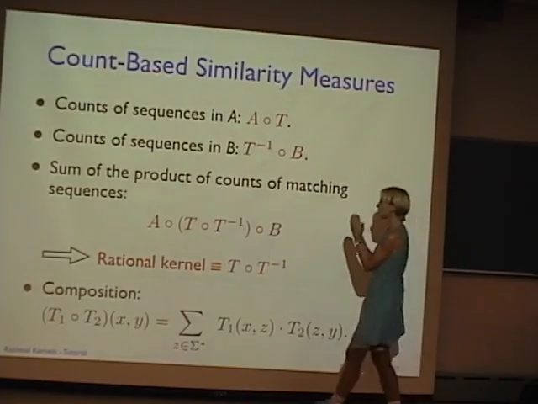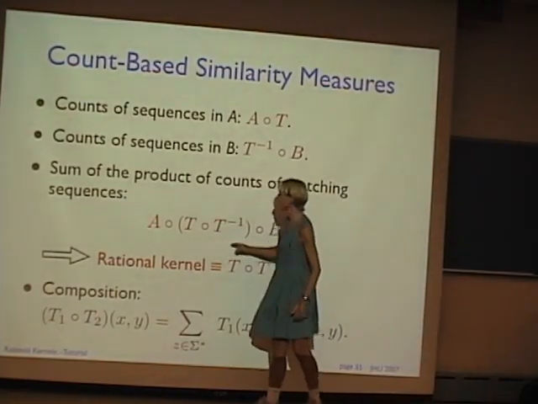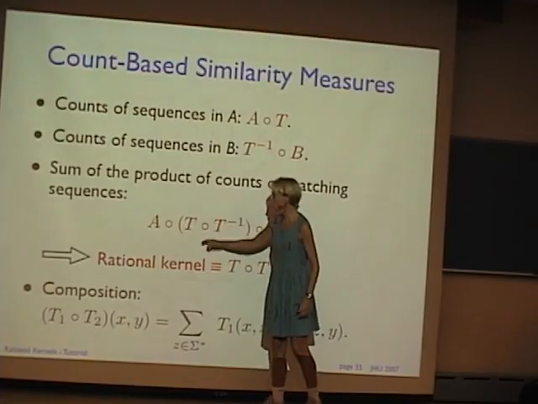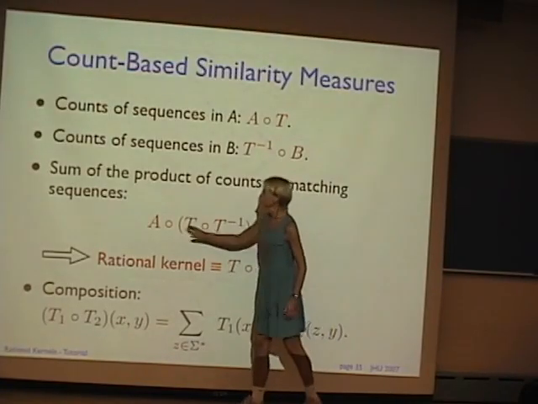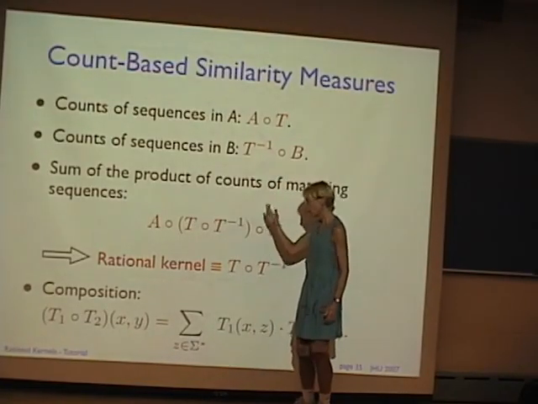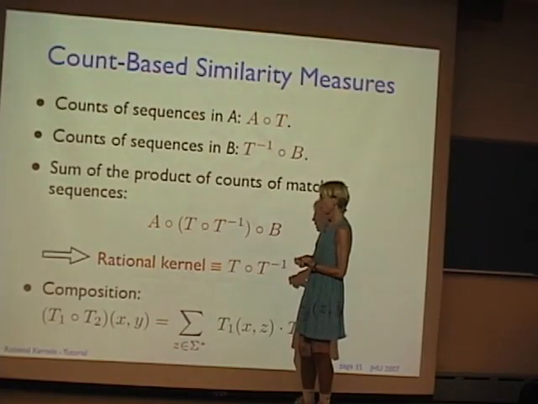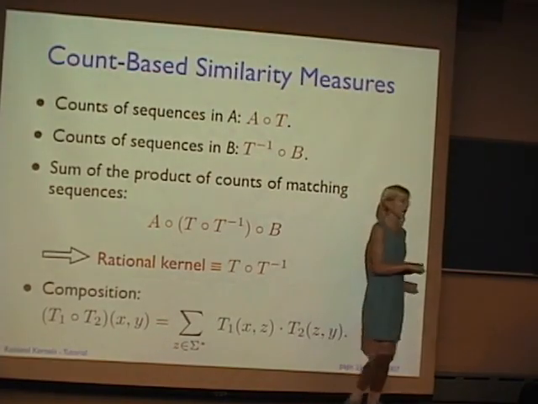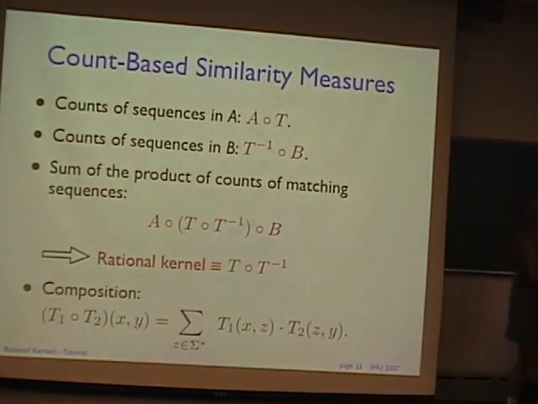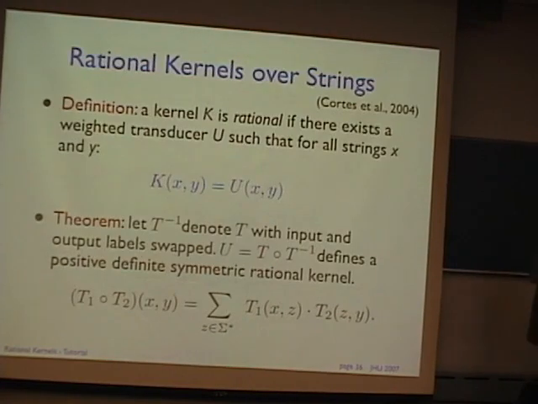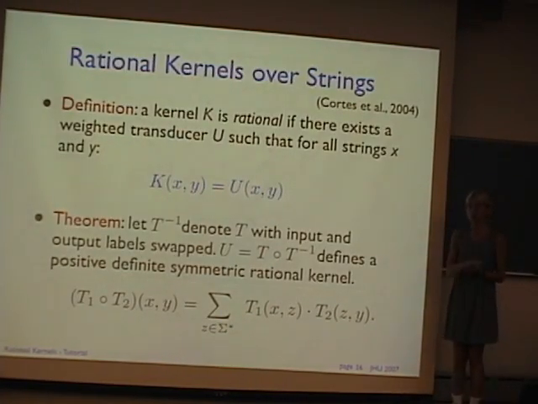So since that again gives us a transducer, we end up with a transducer between A and B, or a rational kernel. And what we can add to our definition from before is that if we construct a rational kernel like this, then it's guaranteed to be positive definite symmetric.